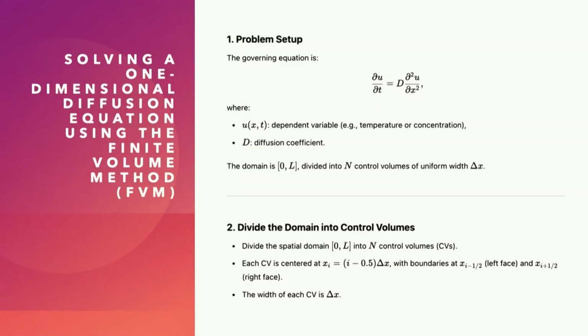Generally we put 0 to 1, okay? L is the length, and we can have n control volumes, as many as you want. That is what we call the mesh. We call it a mesh in 2 or 3 dimensions, but because it is 1-dimensional, it is just how many sections you want. The more sections we have, the better the results.